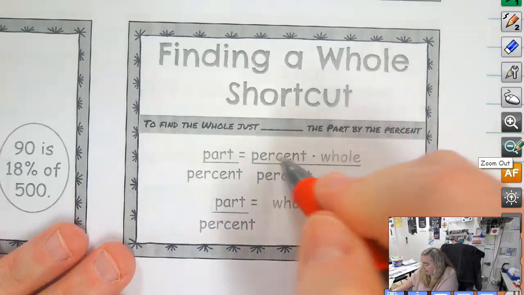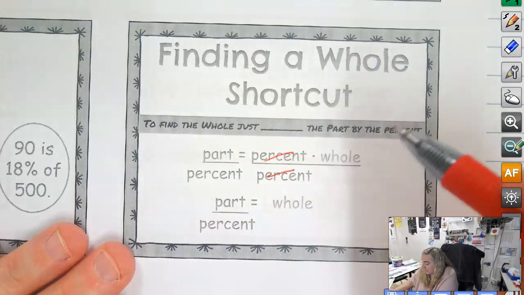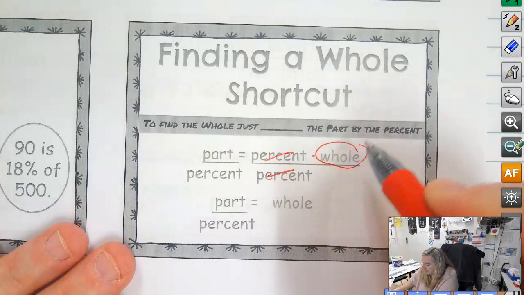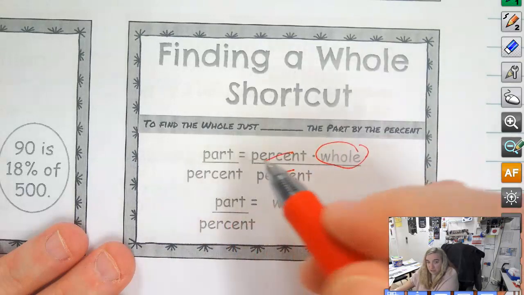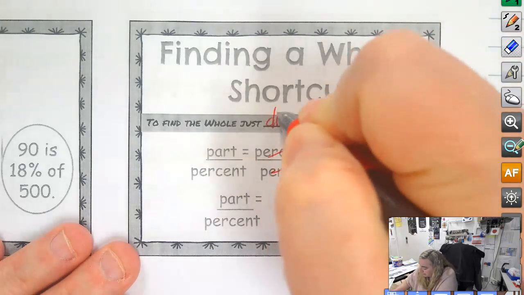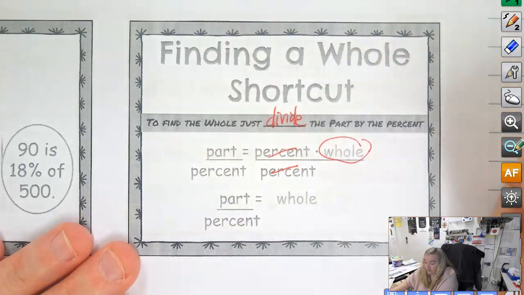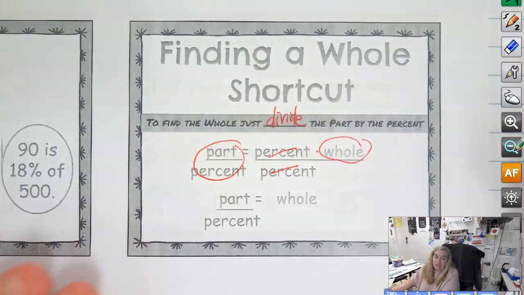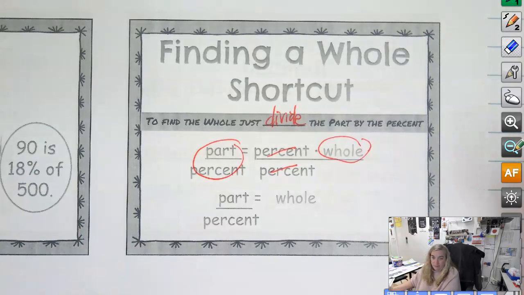So if you're going to divide both sides by the percent every single time, so you get the whole by itself, that means that the shortcut is just to take the part and divide that by the percent. So part divided by percent is our shortcut for when we need to find the whole number.